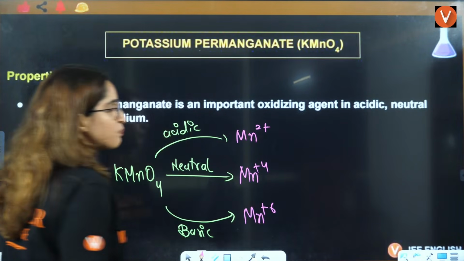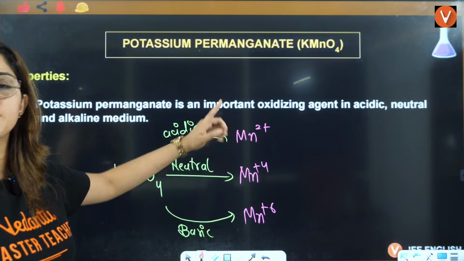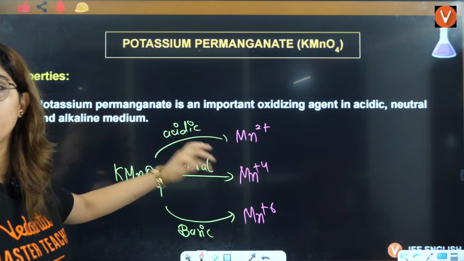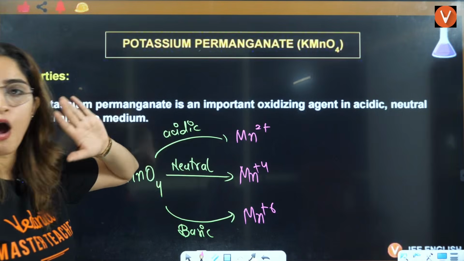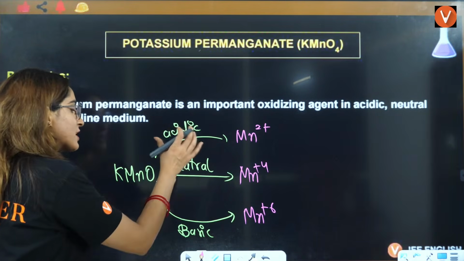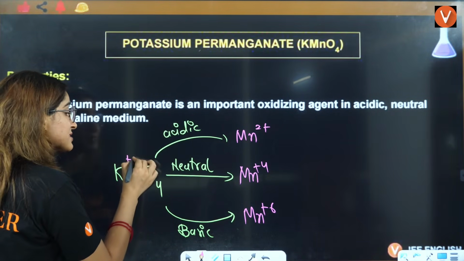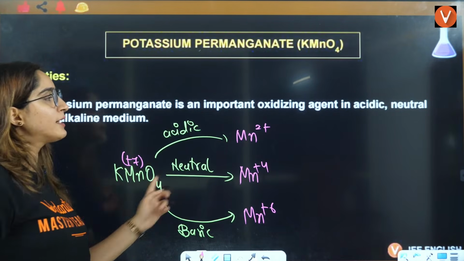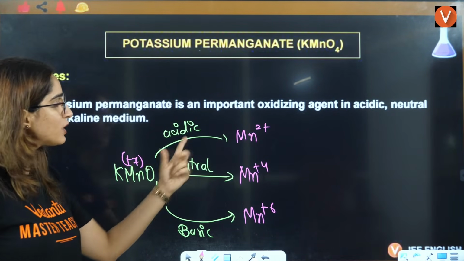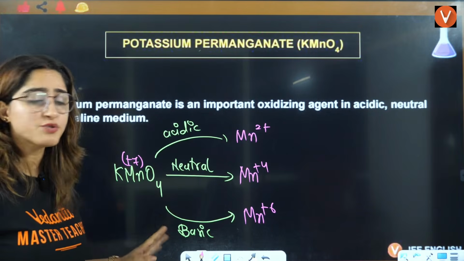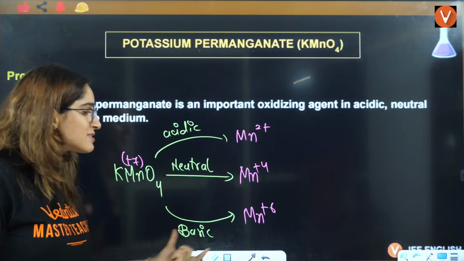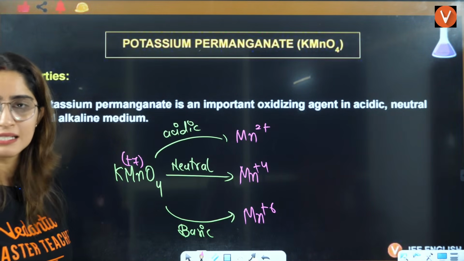So it is +2, +4, +6. That is how it is done. If you have acidic medium, KMnO₄, which is in +7 oxidation state, is converted to +2. In neutral, it is converted to +4. And in basic, it is converted to +6.